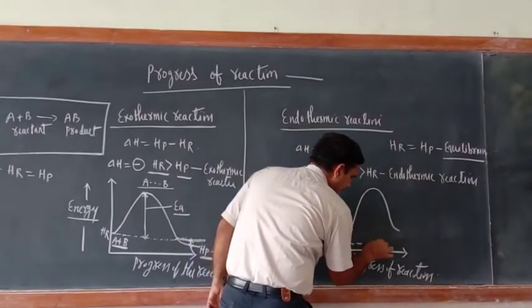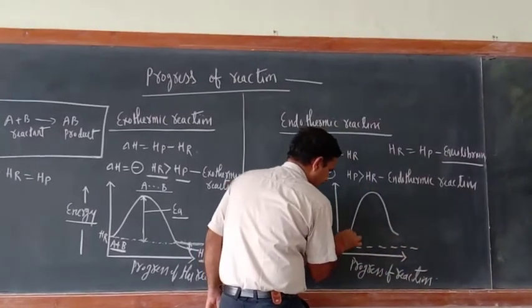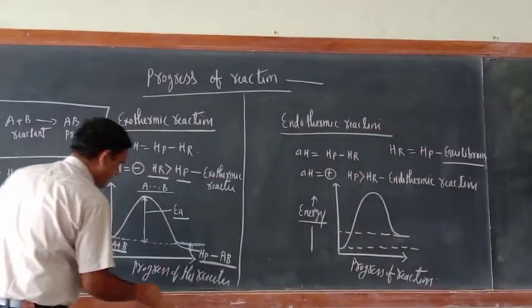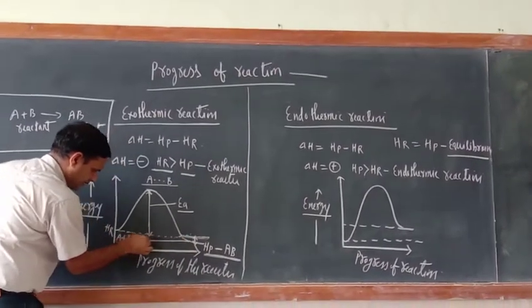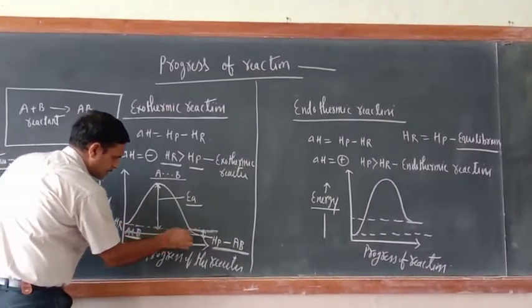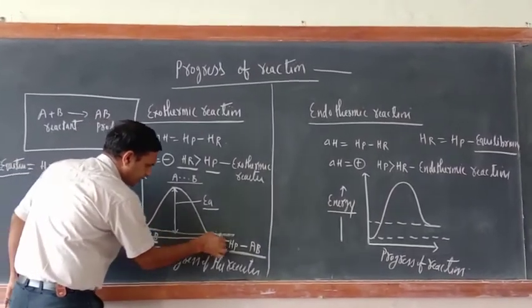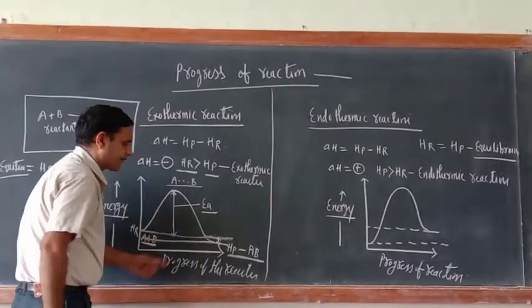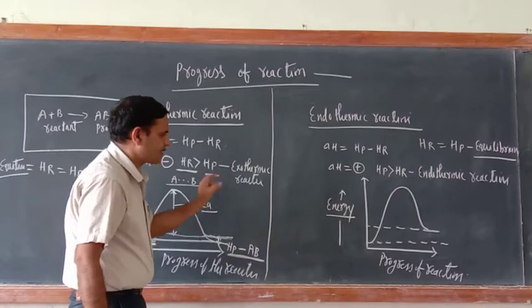This line will be here and this line will be here. Now here also you can make. Just see. This is the reactant energy and this is the product energy. That much difference is there. Product is more by this much energy, reactant is less by this much energy.